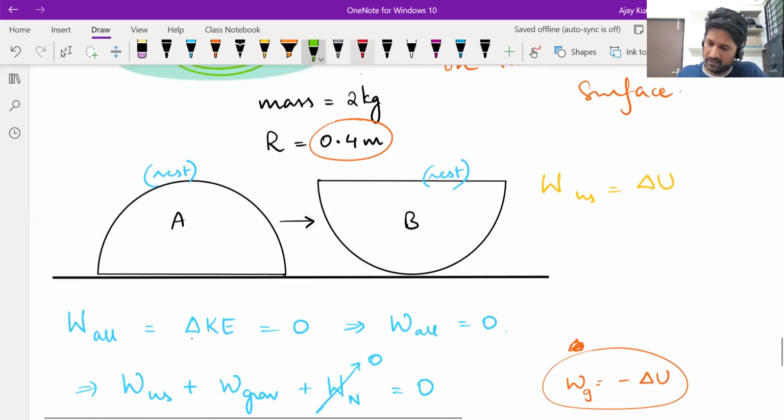So in the initial state, its center of mass is here at a height 3r/8 from the ground. I'll take ground as reference. Finally, the center of mass is here at 3r/8 from above. 3r/8 from above will be 5r/8 from below.